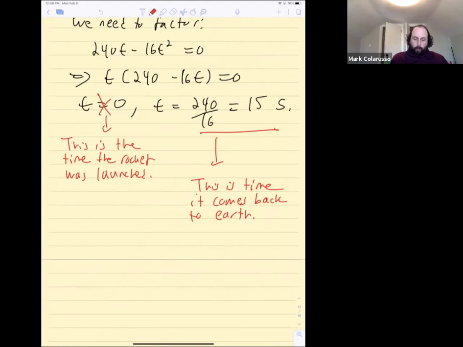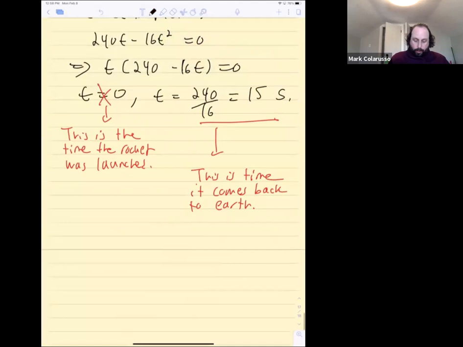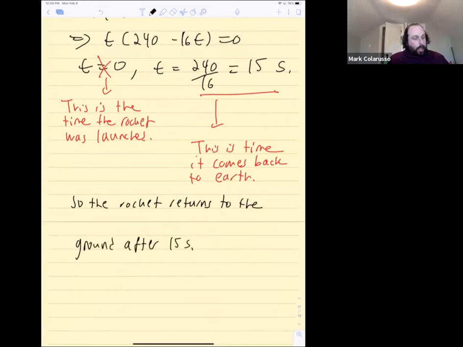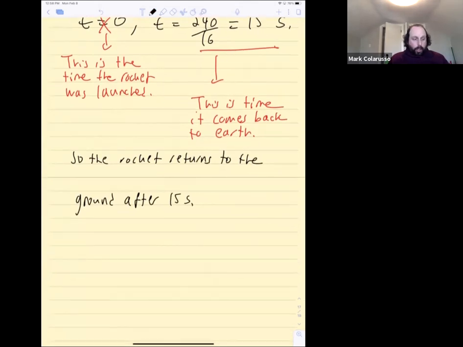So the rocket returns to the ground after 15 seconds.